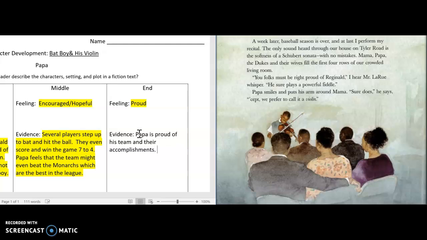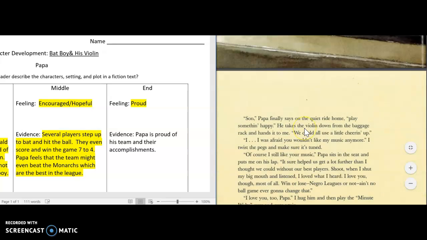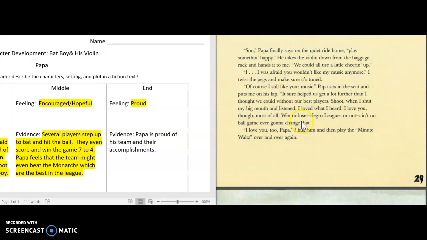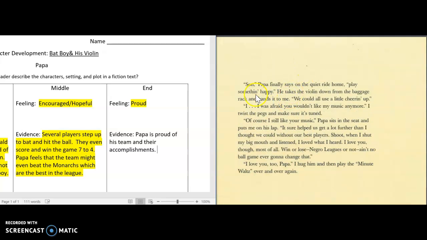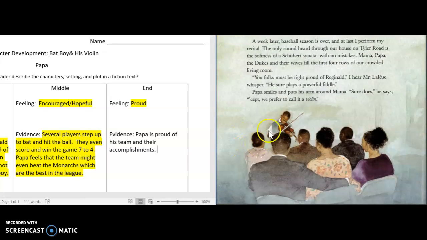He says that they wouldn't have gotten as far, right? They're sitting on the bus together, and I think he said here that they wouldn't have made it that far. He knows that Reginald helped the team win several games.